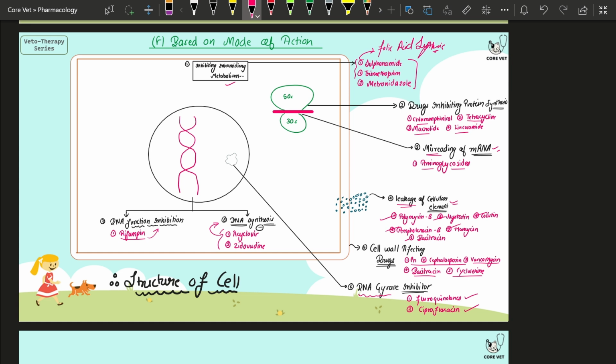That's how this classification is of much more importance than the others, because the other classifications you can write on your own. Even this classification, after reading all this chemotherapy, you can write very easily on your own.